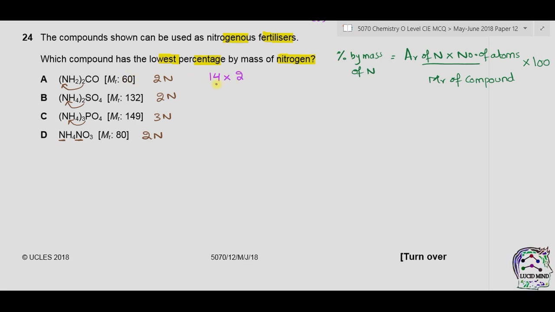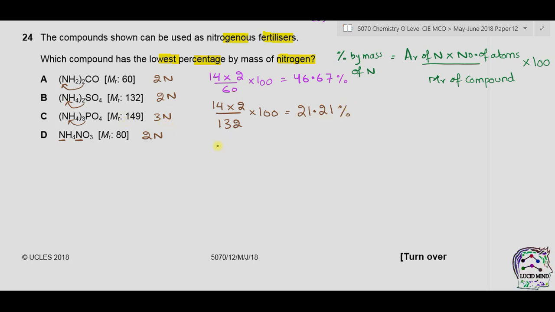MR of this compound is given as 60, into 100. It comes equal to 46.67%. Similarly for part B we have 14, atomic mass of nitrogen, into number of atoms which is 2, divided by MR of this compound which is 132, into 100. So it comes equal to 21.21%.